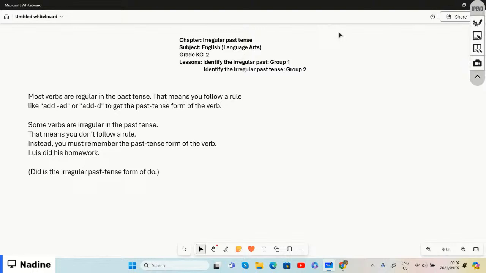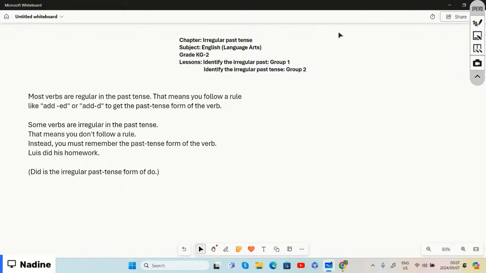All right. So, firstly, with irregular past tense, we also have regular past tense. Regular past tense tells us that there's a rule that we need to follow, and the rule is that our verb ends with an ed.